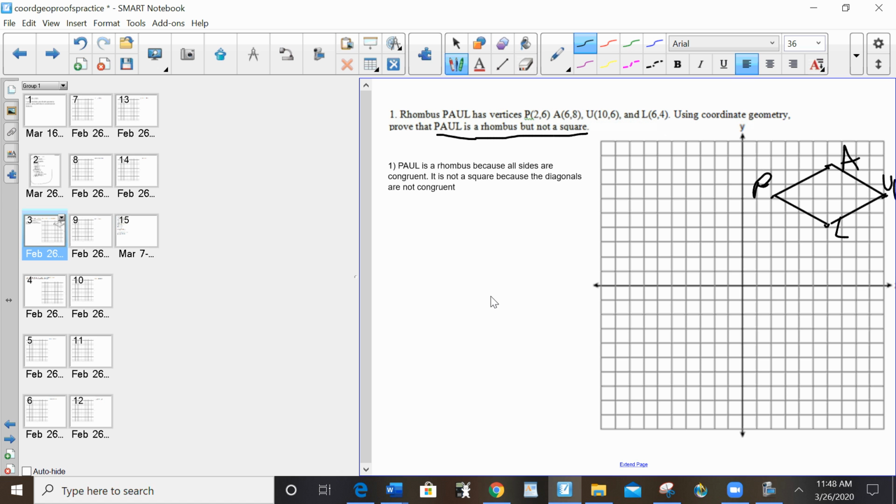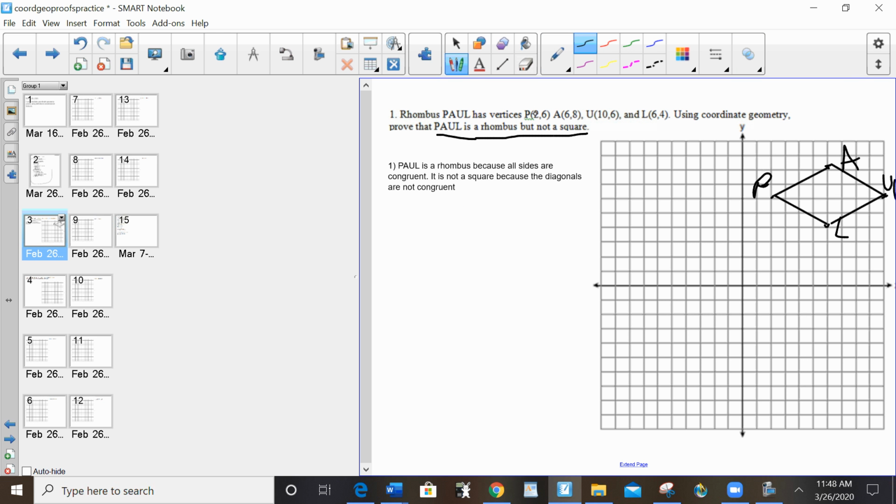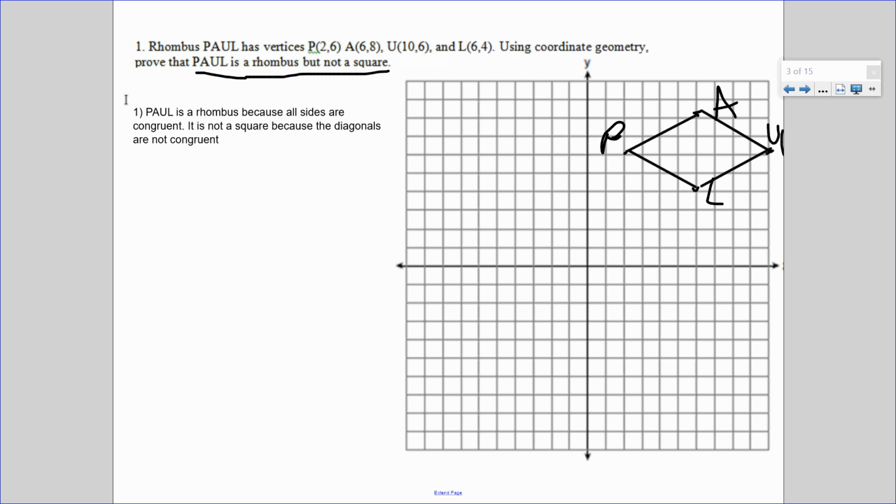Now step 2 is to calculate all the distances. If I want to show that all the sides are congruent, then I have to show the distances for all the sides. So I'm going to do the distance of PA, the distance of AU, the distance of UL, and the distance of LP.